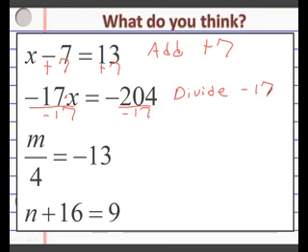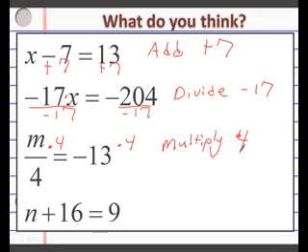The third problem is m over 4 equals negative 13. So the opposite would be to multiply by 4 on both sides. So the third problem, we're multiplying by positive 4.